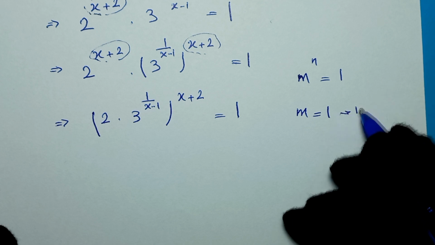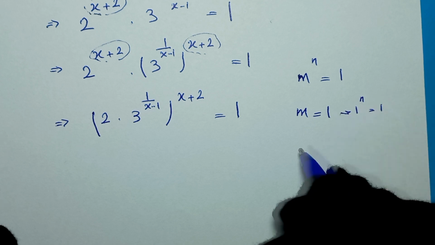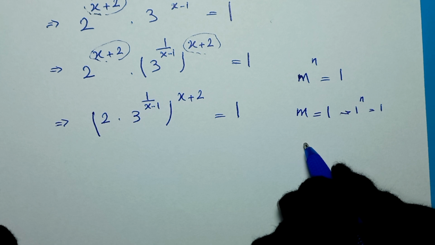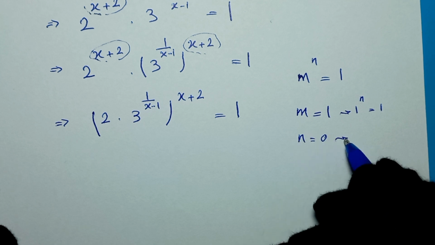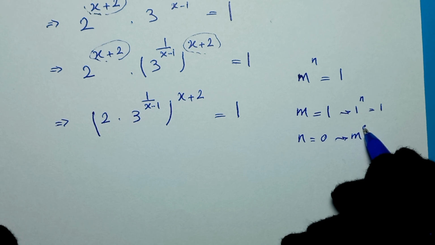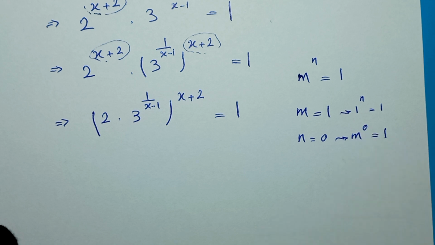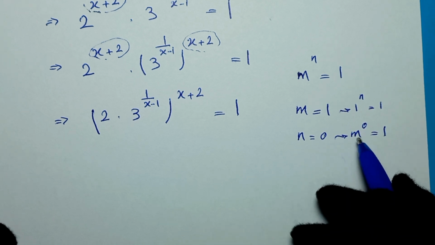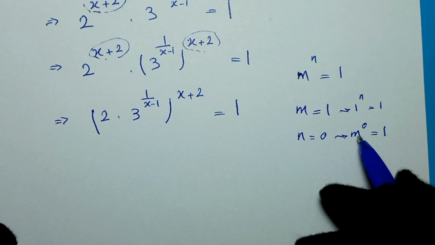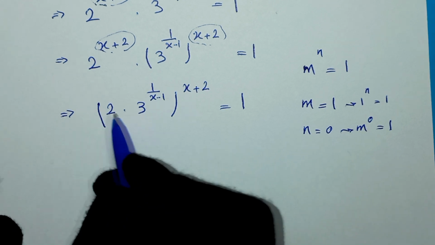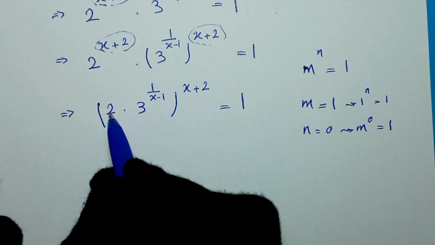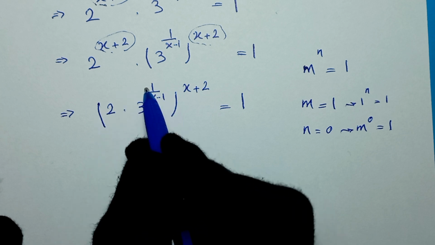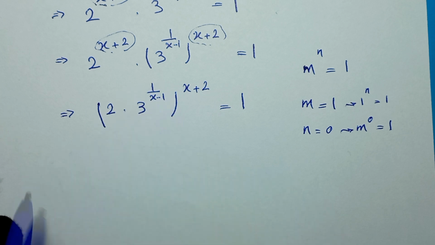Or n is 0, because m to the power of 0 is equal to 1, and in here m should not be equal to 0, and also in here inside the bracket this is not 0 because 3 to the power of something cannot be 0, okay.